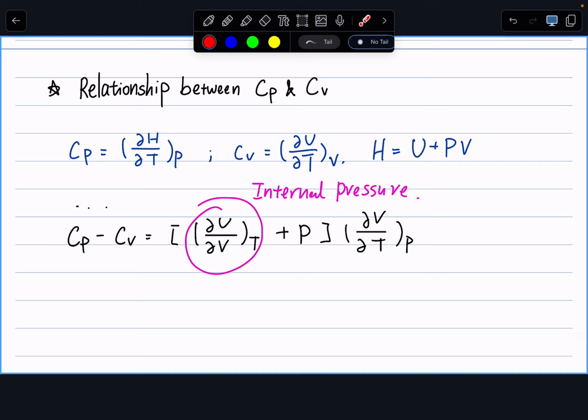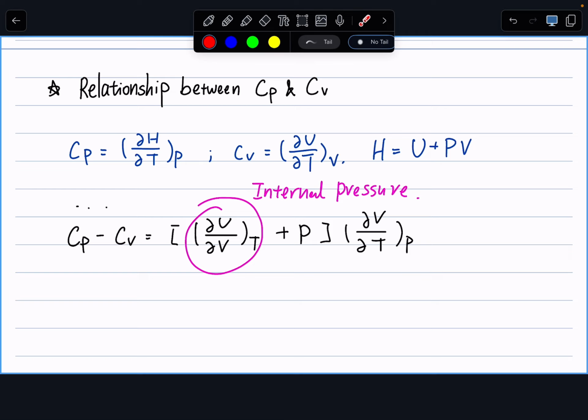It doesn't matter whether it's liquid, solid, gas, or whatever it is. However, in this equation, knowing the equation of state will help us further simplify the relationship between Cp and Cv. So let's start by using our ideal gas law.